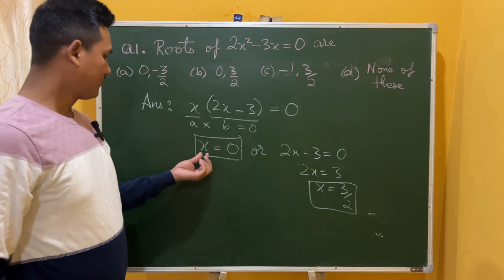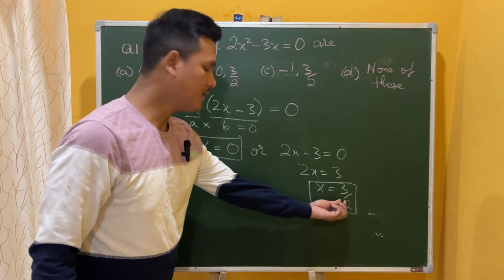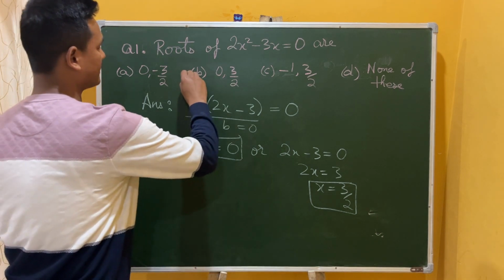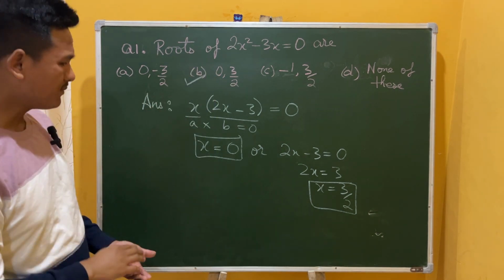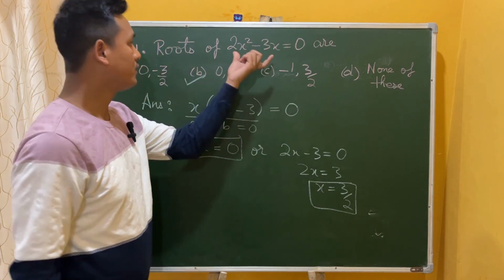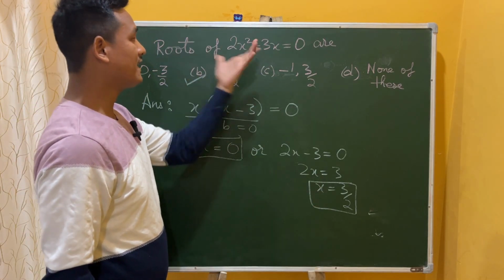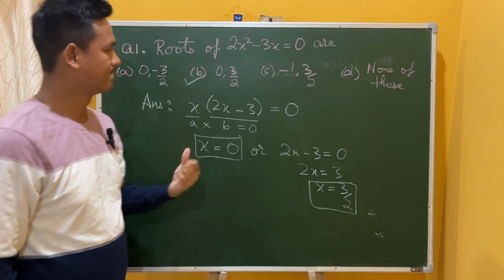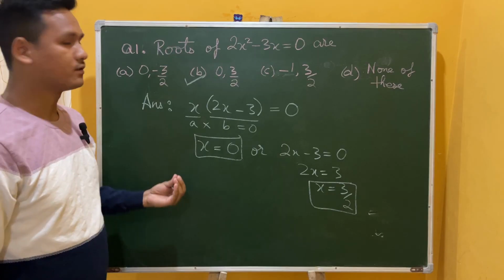So one of the roots is 0, another root is 3 by 2. So our correct answer is option B. This means if you put the value of x equals to 0 or 3 by 2, the left hand side also becomes 0, which is equal to the right hand side. Okay, let's move on to the next question.